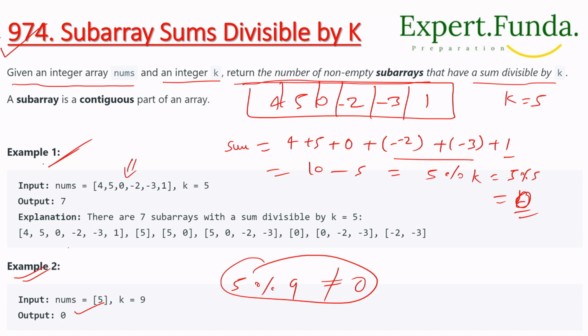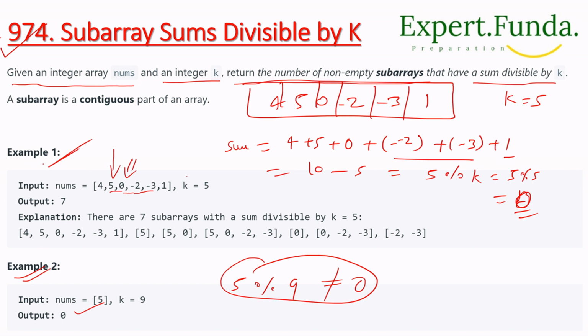But in the previous one, this is the whole array we have summed. After that we can take subarrays. Next, we have 5, right? If we divide by 5, 5 alone is also a subarray. Then we check 5 with 0, this is 50, this is also a subarray. Then we take 5, 0, -2, -3.